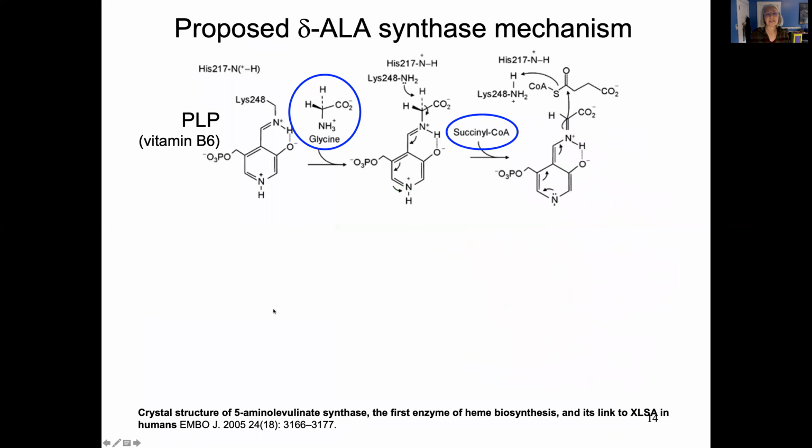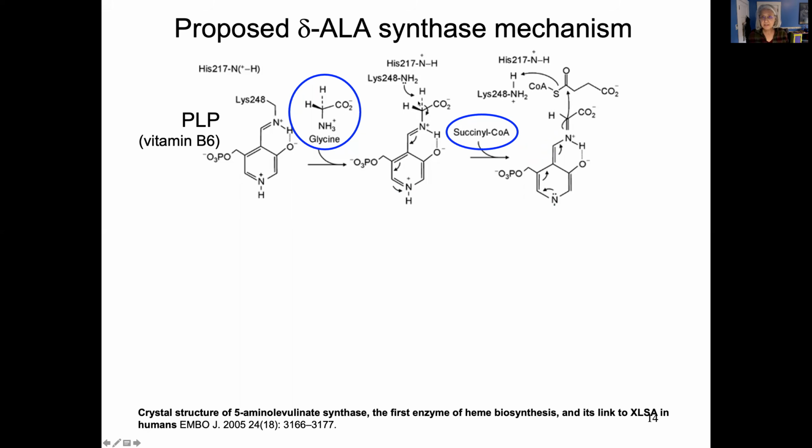Okay, so how does this enzyme work? Again, we're not going to go into the details of it all. It's a pretty complicated mechanism. But what I do want you to recognize is here's a positively charged histidine amino acid. This is very pH sensitive. Its protonation. Here we have a lysine side chain that's covalently attached to the vitamin B6 derivative. This is the pyridoxal phosphate structure here.